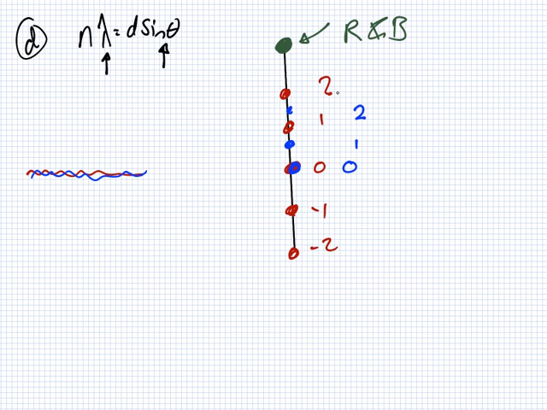So for example, you notice how the blue one and the red one are not quite lined up, but here they will be lined up, and I don't know where here is. And I also tell you the difference in the order is 1. So for example, maybe the red is the 4th order and the blue will be the 5th order, and they'll be lined up.